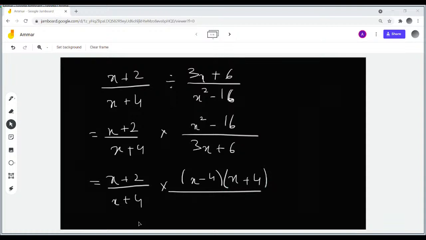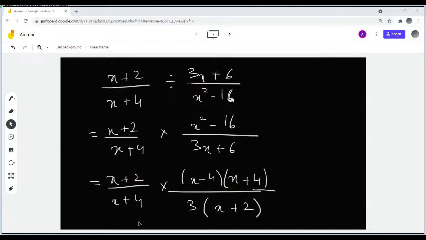In the denominator, what I can do is take 3 as common, and I'll have x plus 2. Another thing in these questions is that the first expression gives us a hint. Obviously there has to be some cancellation done in the next steps, otherwise they just stay as they are, they won't get cancelled.